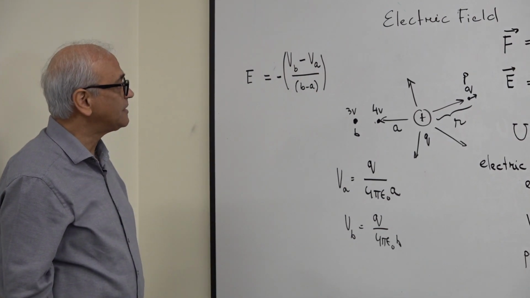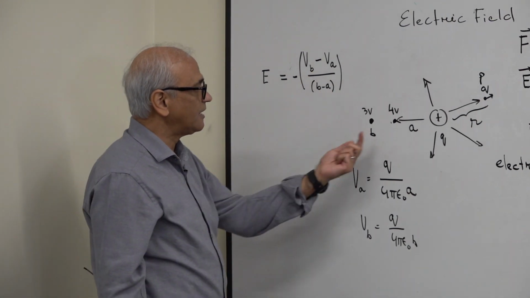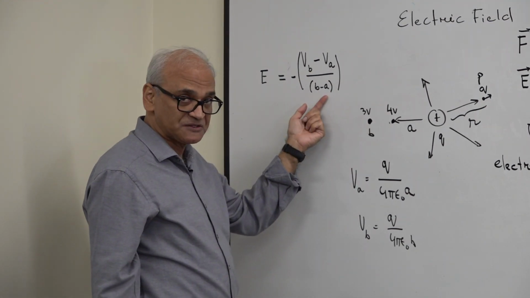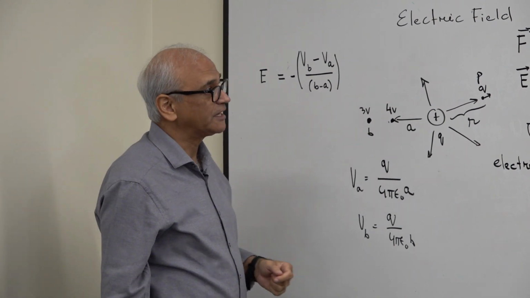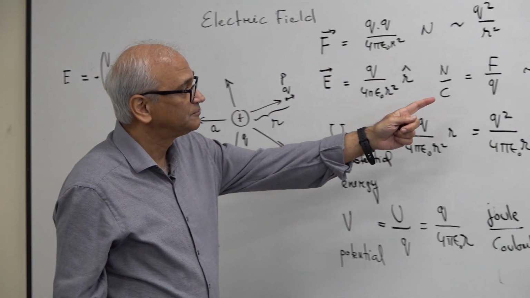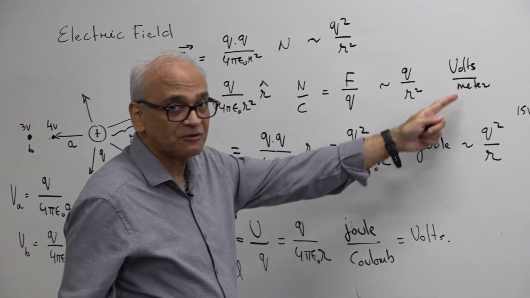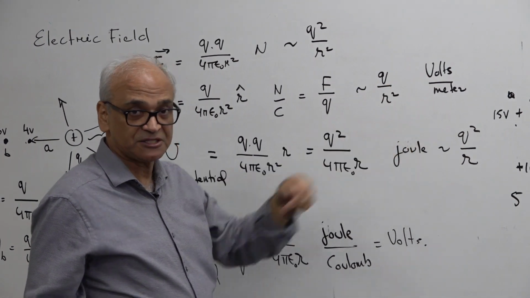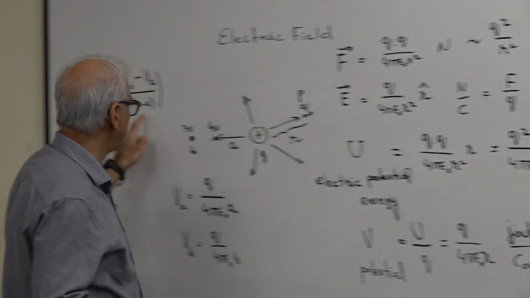But the main thing here is that I have to measure the voltage difference between these 2 points and divide by the distance. That gives me the electric field. If I go back here, remember I have volts over meter: I measure the voltage and divide by the meter, which is the distance. So that's what happens here.